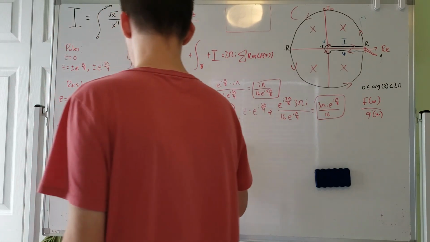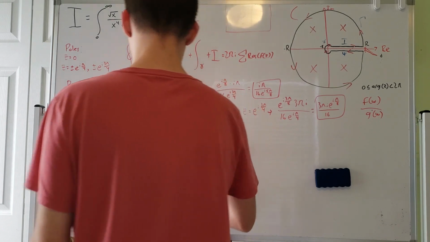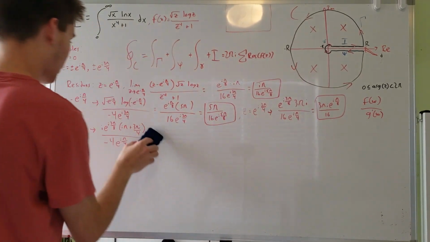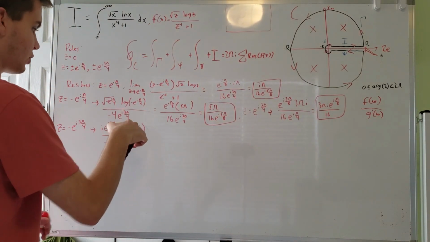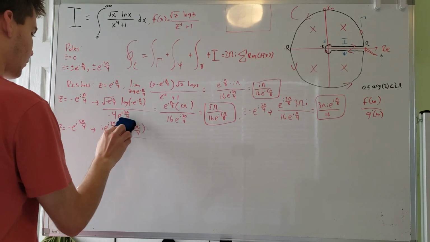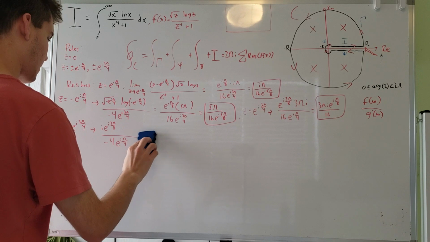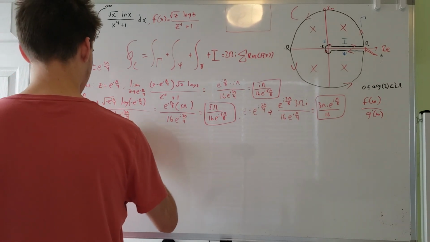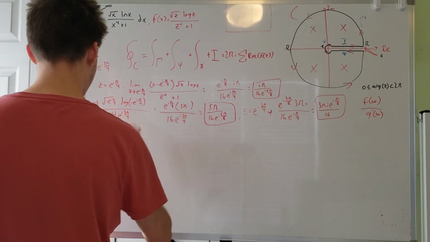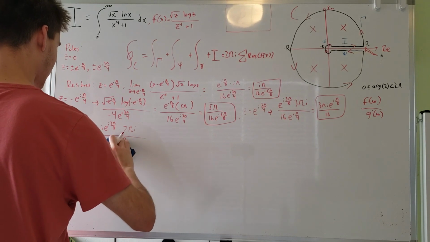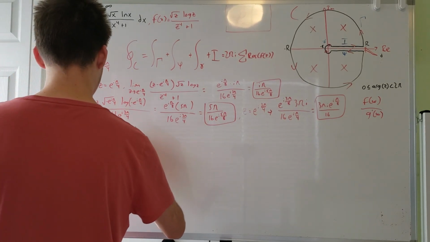Yeah, okay. So I can do this more efficiently. Combining these two is just going to give us 7 pi i over 4. So times 7 pi i, 4 will come down, turn this to a 16.